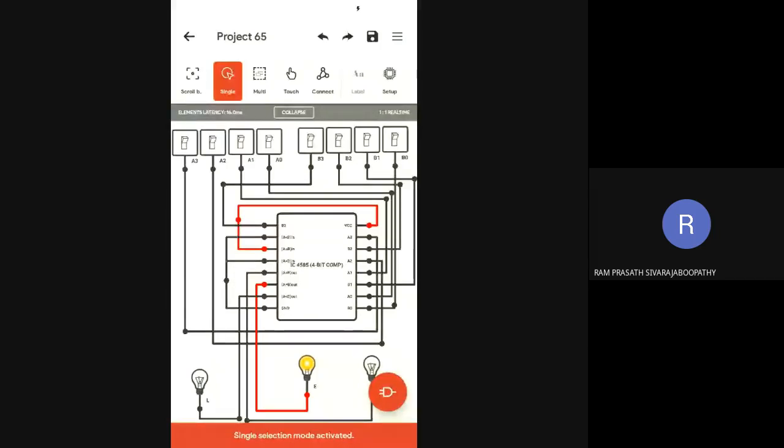For that purpose, we are using individual LEDs or bulbs. Okay. As Sabari Sethi told, we can use green color for A greater than B, red for A less than B, and blue for A equal to B. Like that we can design.